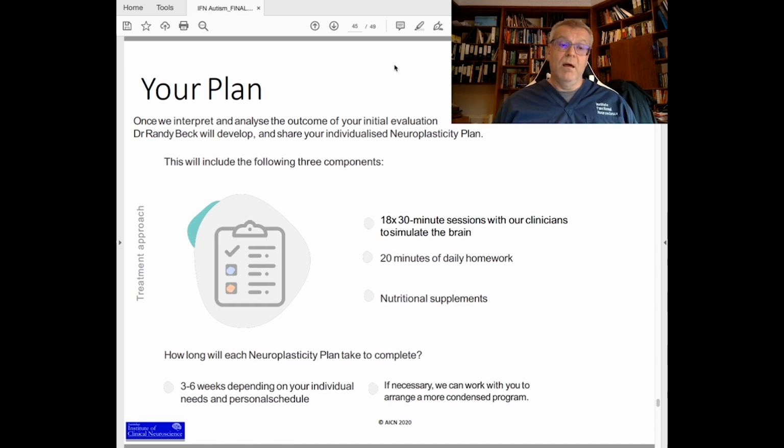Usually, the 18 treatment package will take between 3 and 6 weeks, depending on the frequency of daily visits, obviously. And if necessary, we have what's called an intensive program. If you're traveling from overseas or you have logistical problems with time, we can often intensify the number of treatments per day so that 18 treatments can happen more quickly.